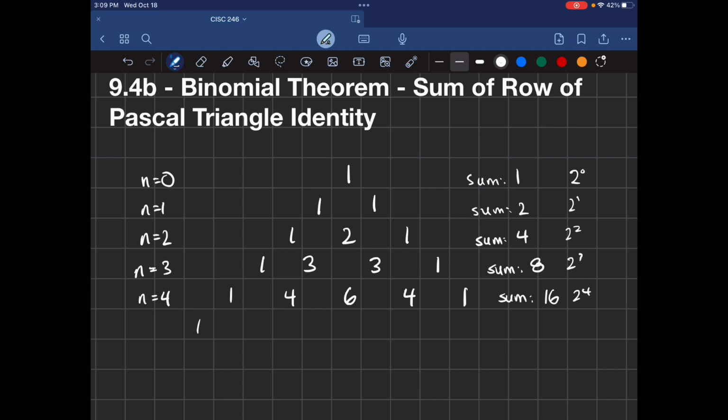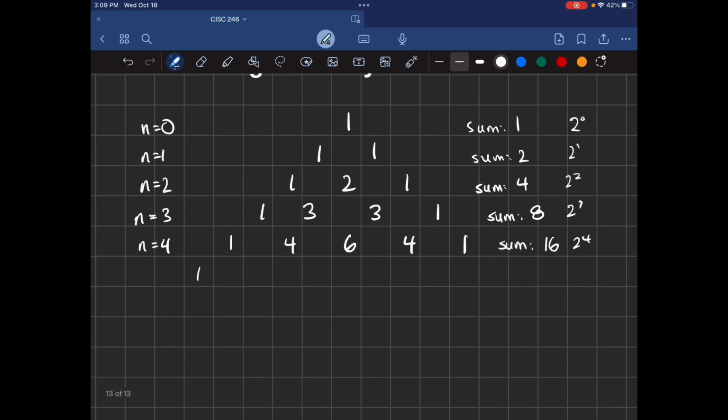And they're connected by this n. So there's n equals 1, n equals 2, and so forth. Okay, and so in general, the identity is sometimes listed as this. The sum from k equals 0 to n of n choose k equals 2 to the n.